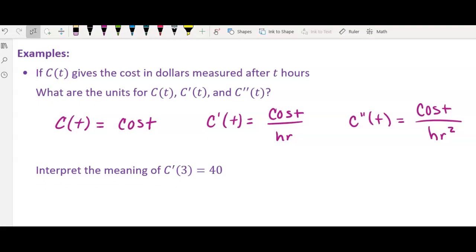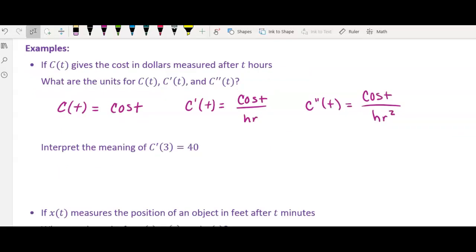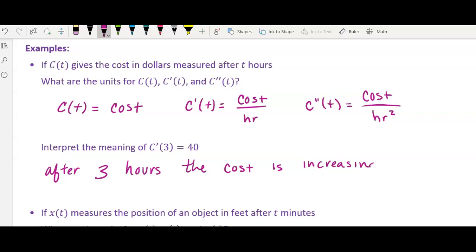So C prime of 3 equals 40. So after 3 hours, the cost is increasing.